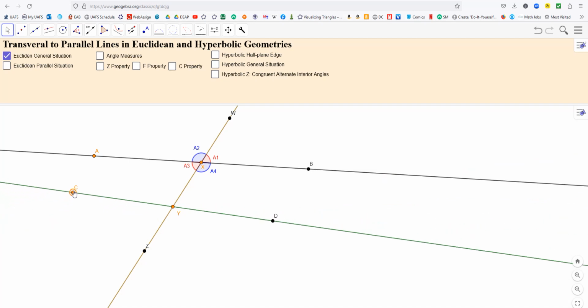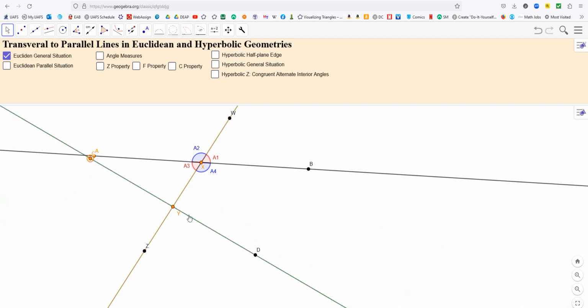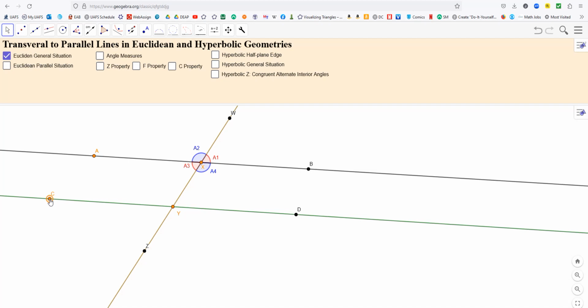If this is a right angle, then all 4 of these would be the same, but these 2 would be different. So that's 3 different angle sizes. If they're parallel, you only get 2 angle sizes. And if they're both perpendicular, then they're all right angles, and you only get 1 angle size.